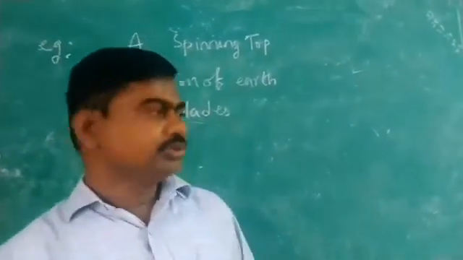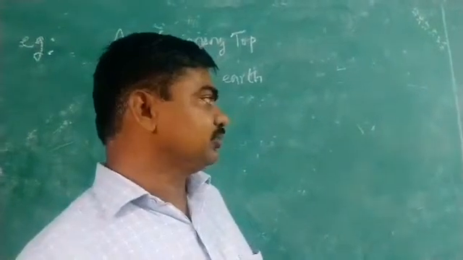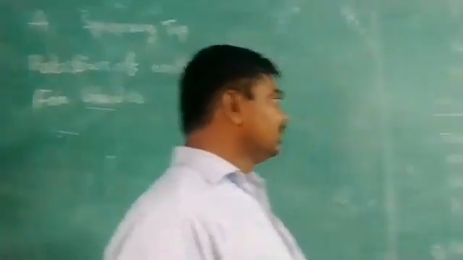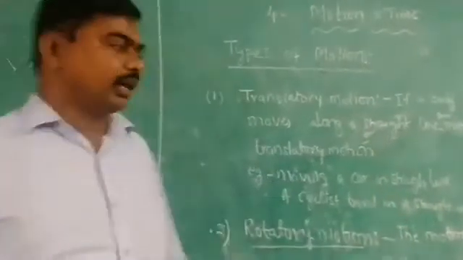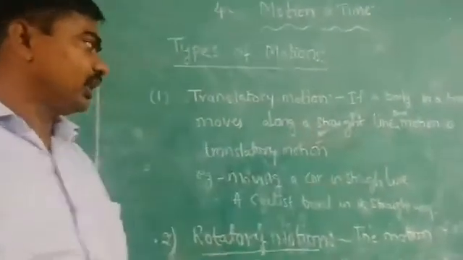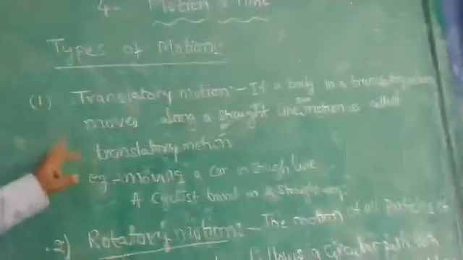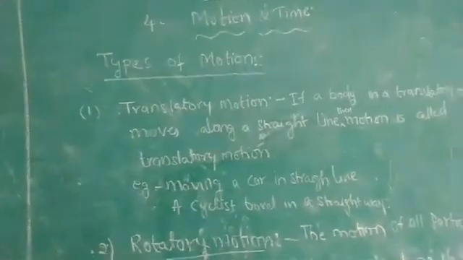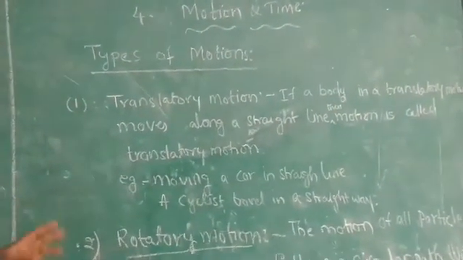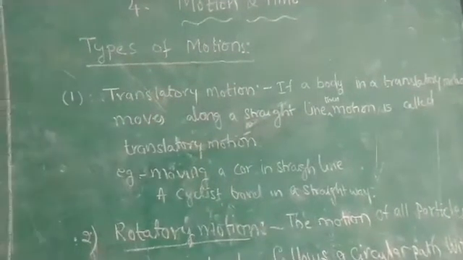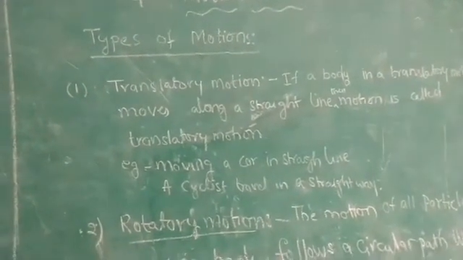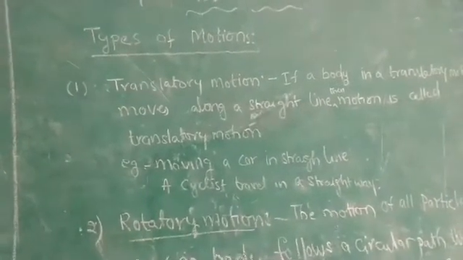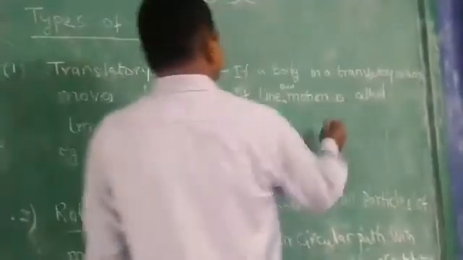A body is in translatory motion when it moves along a straight line. Suppose the body in translatory motion moves along a curve. Then that motion is called curvilinear motion.